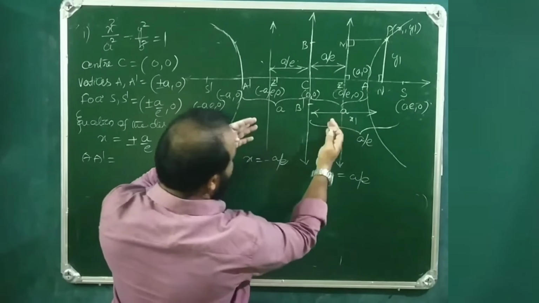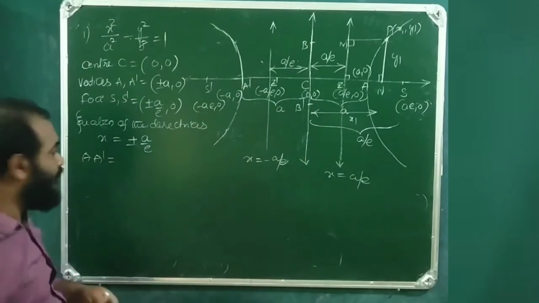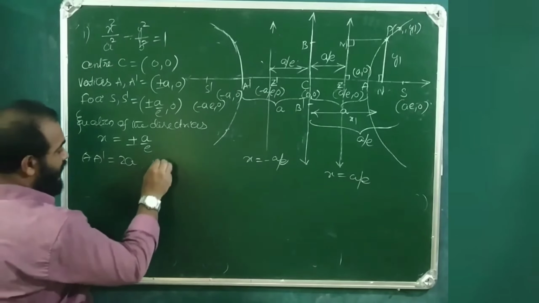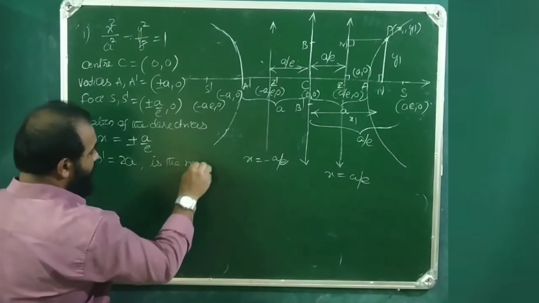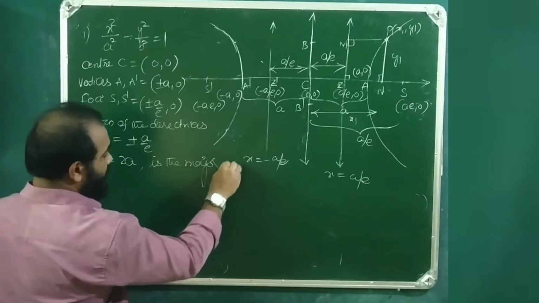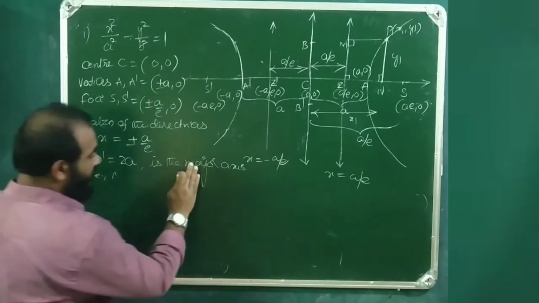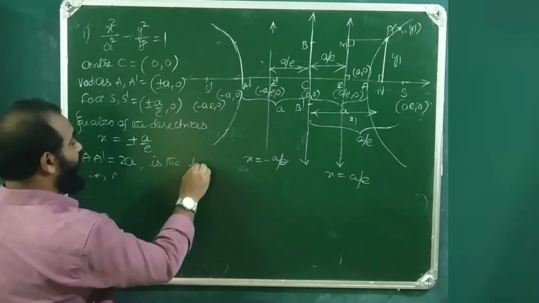So CA is equal to a, CA dash is equal to a plus a, 2a. 2a is the major axis, so that is the transverse axis.